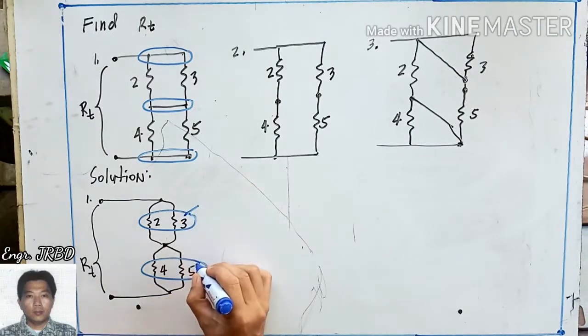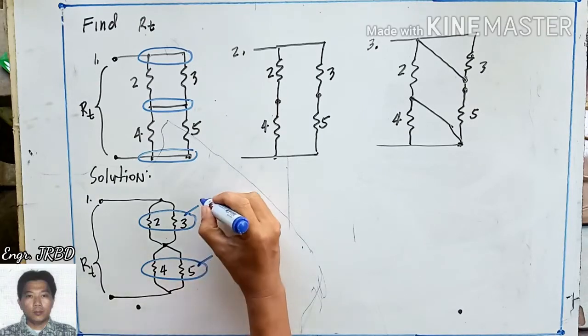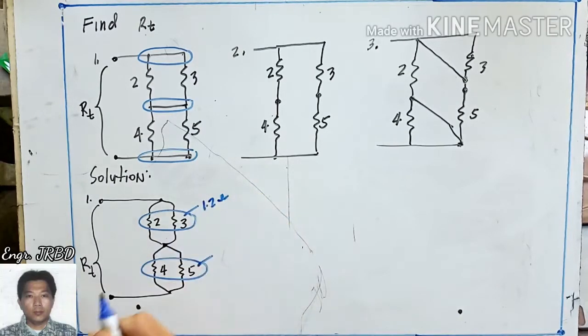The resistance of 2 and 3 in parallel is equivalent to 1.2 ohms.